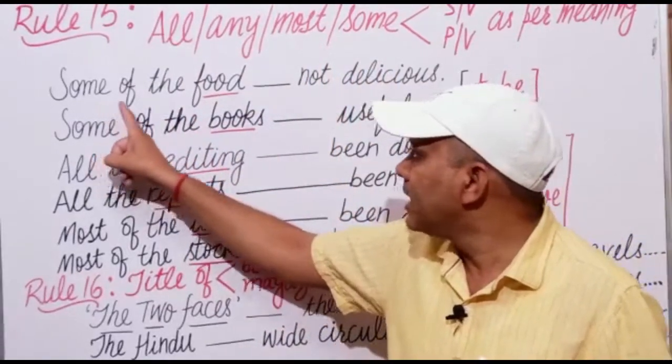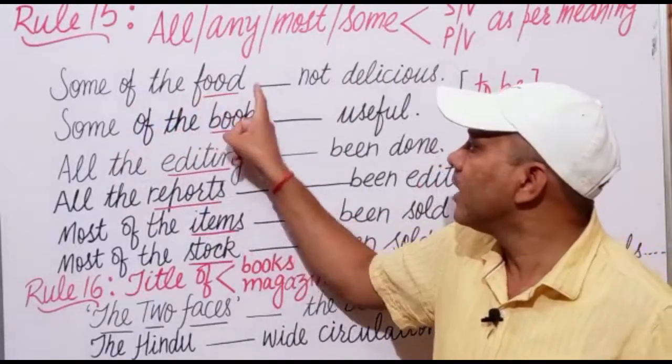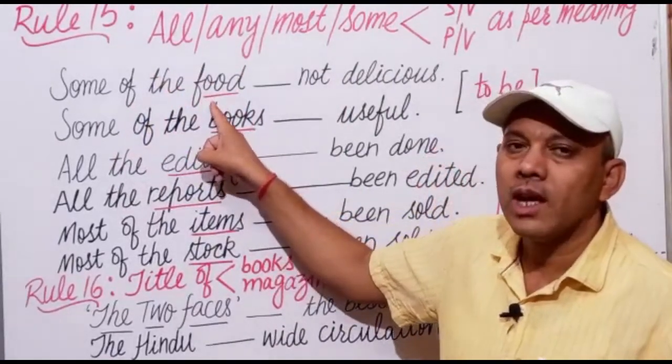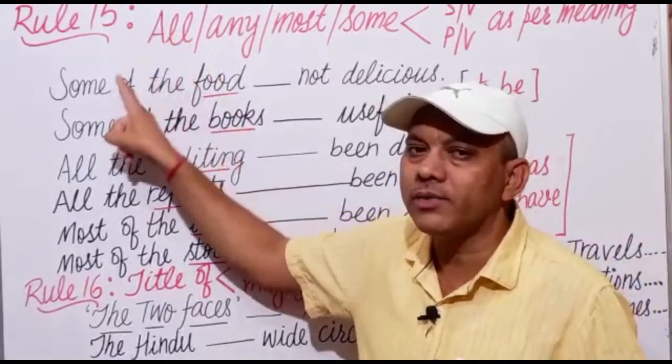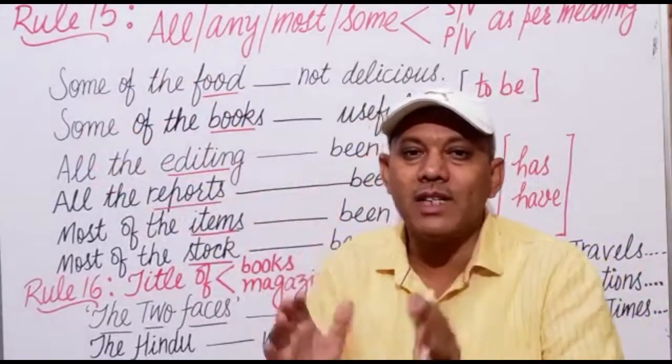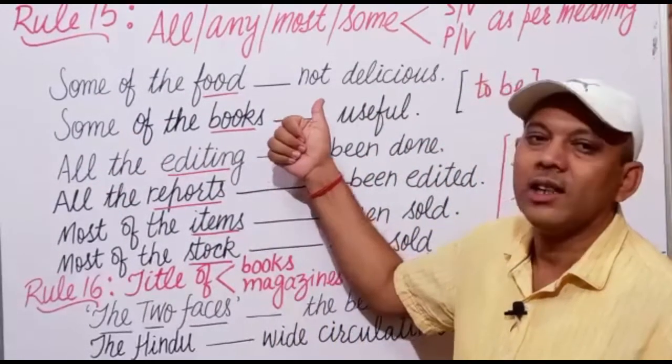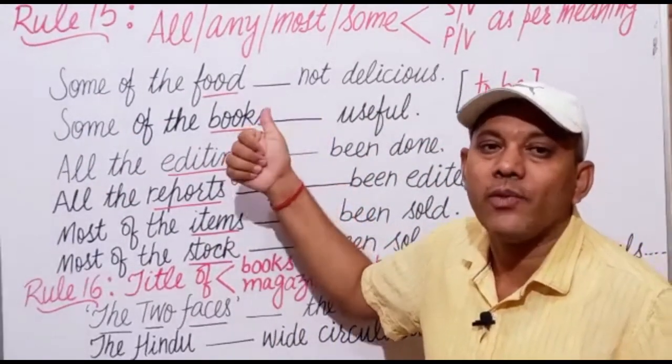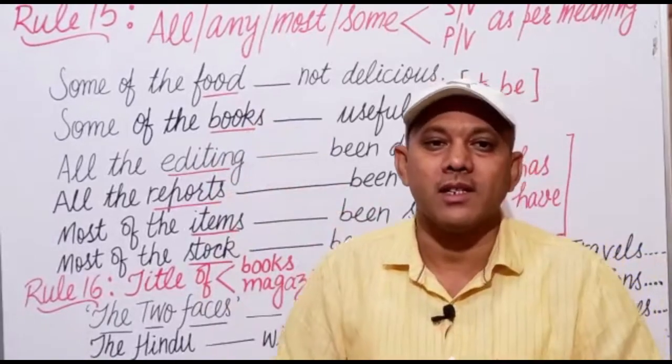For example, some of the food. Here, the food is the noun and it is preceded by some of, then how shall we decide to fill in the exact or correct form of the verb in the sentence?